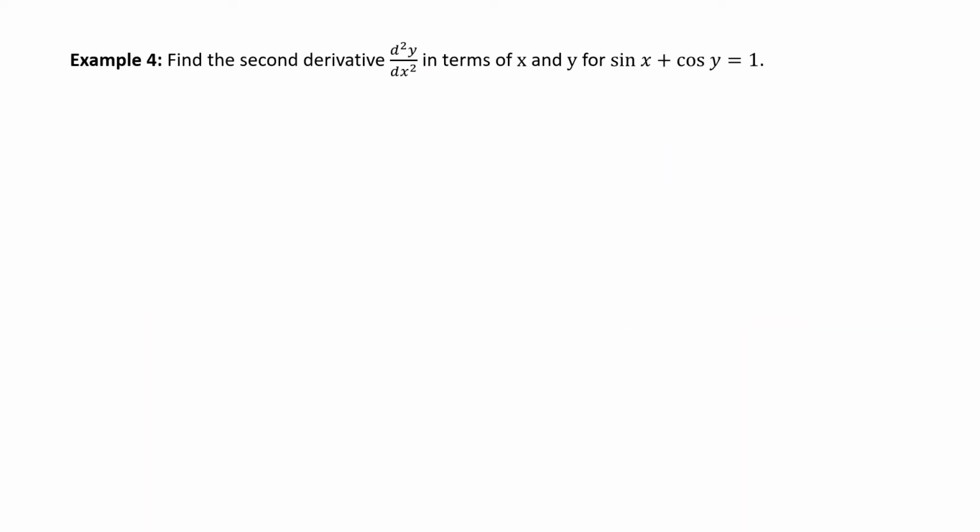Example: find the second derivative d squared y over dx squared in terms of x and y for sine x plus cosine y equals 1. This one needs to be solved by implicit differentiation as well.